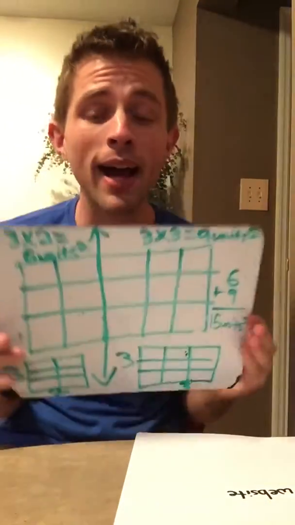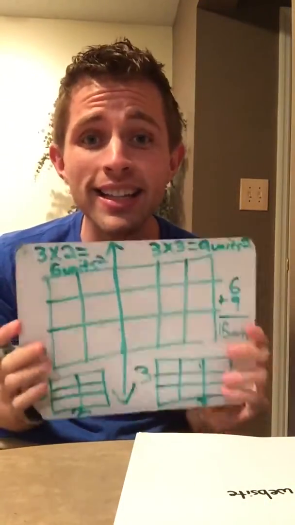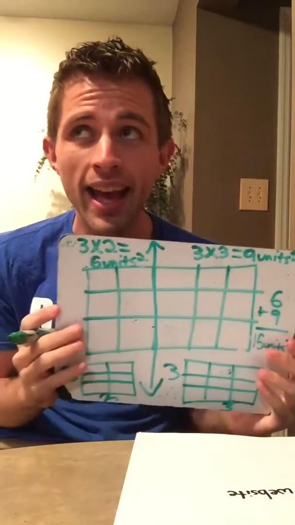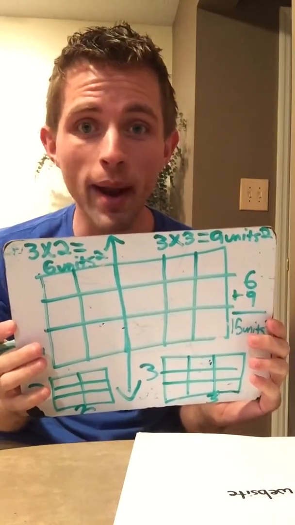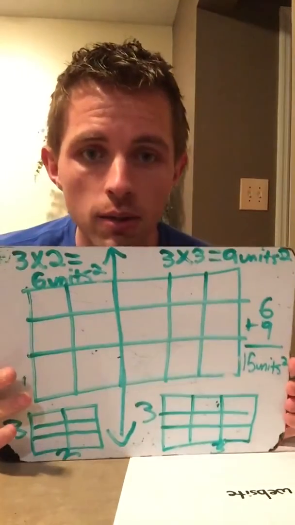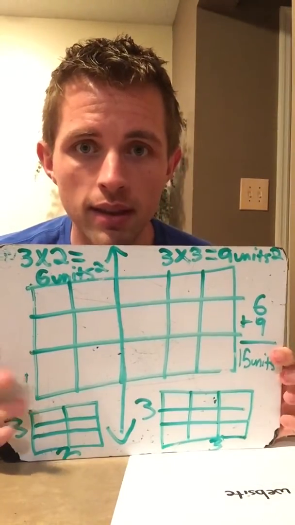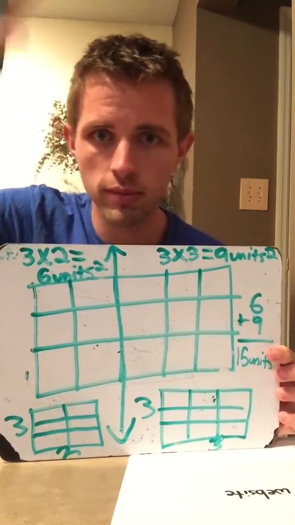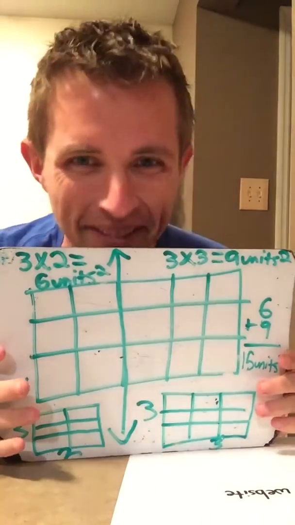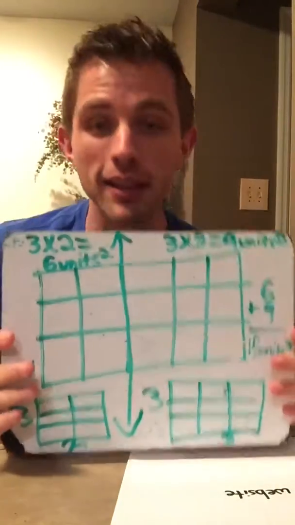I added my two areas together. So guys, it's just like rectilinear area, right? Except it's a little easier because you don't have to do all that extra with breaking apart the long one. You know what I'm talking about. It's easier, right? Okay.